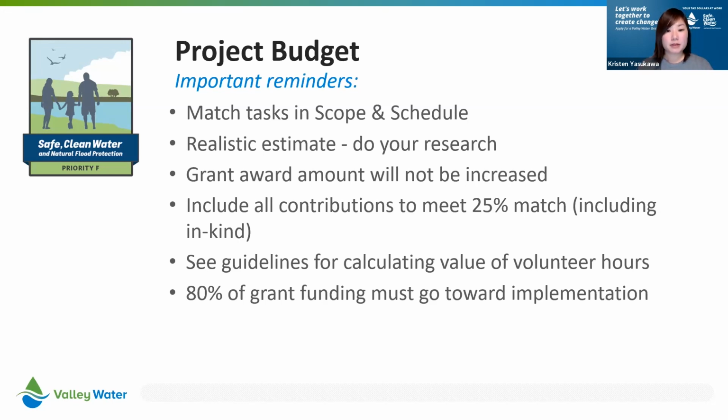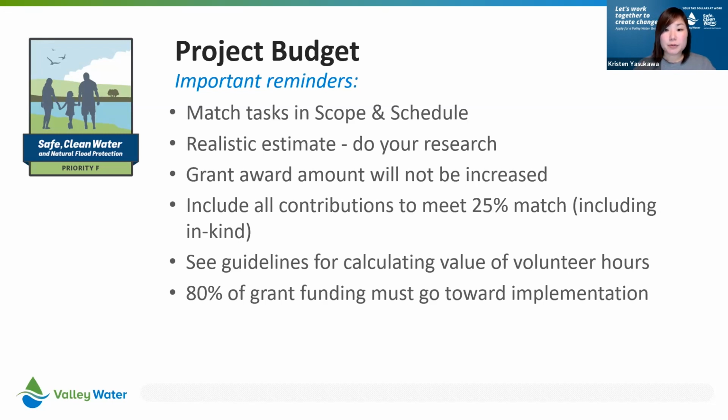And then in the project budget, and we can go over this more, it's a lot easier to look at this spreadsheet together, but the budget does include what the total project cost is going to be, plus any other project contributions, and then also includes what you would be requesting reimbursement for under the Valley Water grant request.